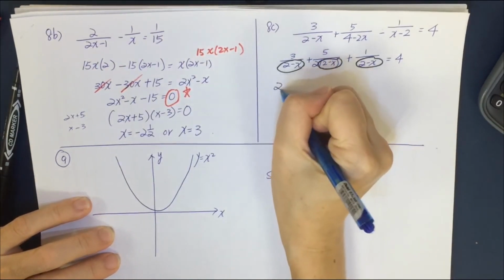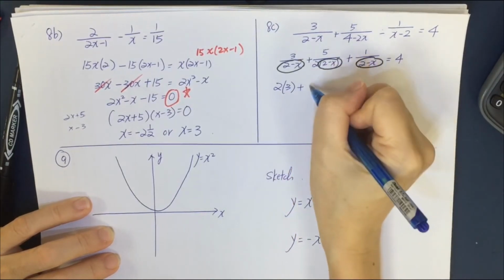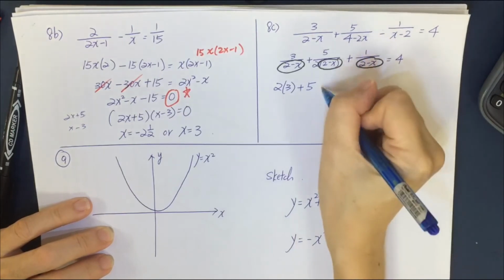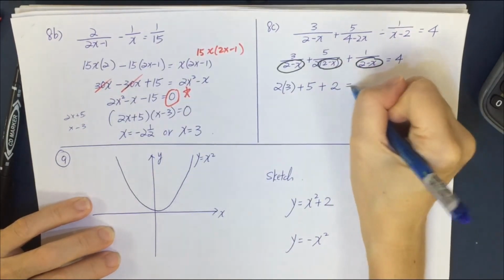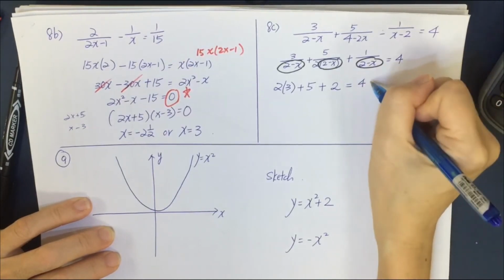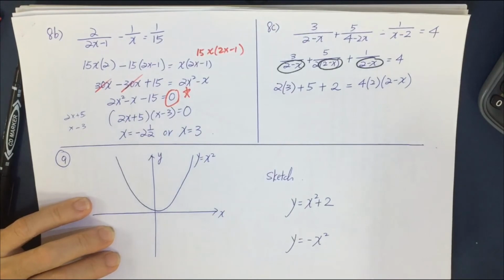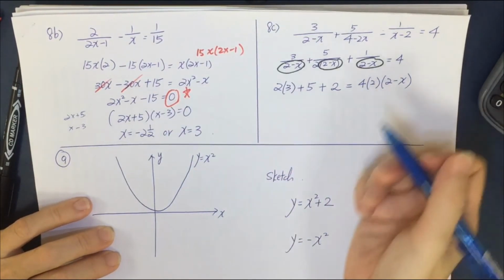So I'm going to get 2 times 3. And then the second one, I'm going to get 5 only because there's no 2 to multiply. The third one, I'm going to times 2. And then the next one, originally there's a 4 there, so I'm going to times 2 and times 2 minus x. So you see, it becomes a linear equation. Otherwise, you're going to get cubic.